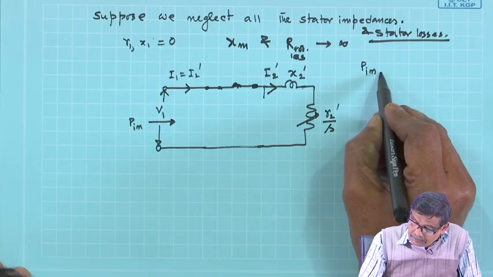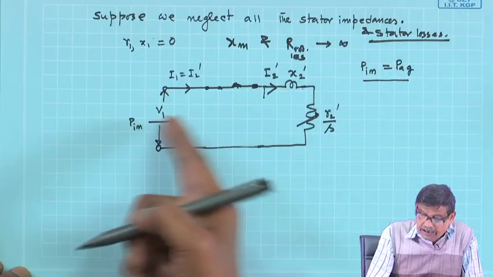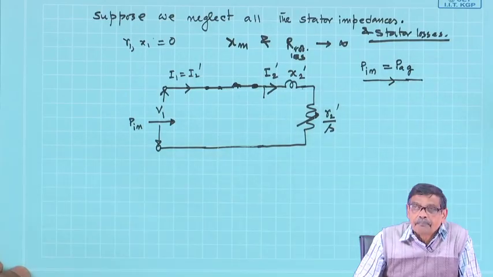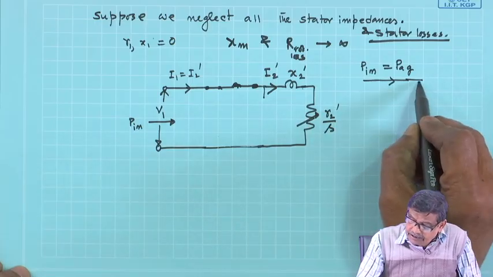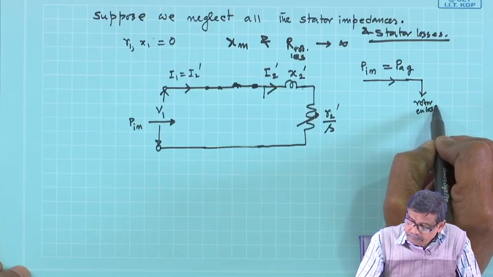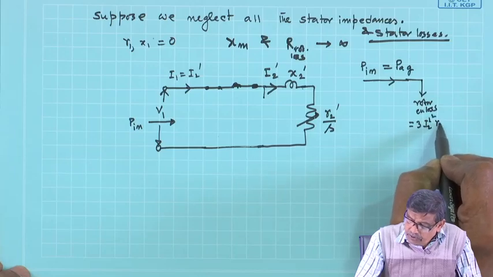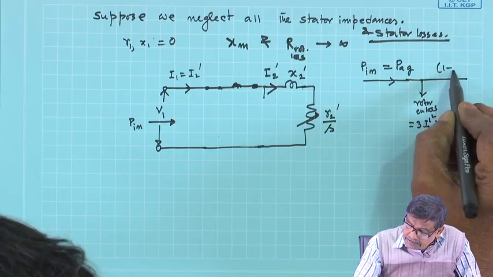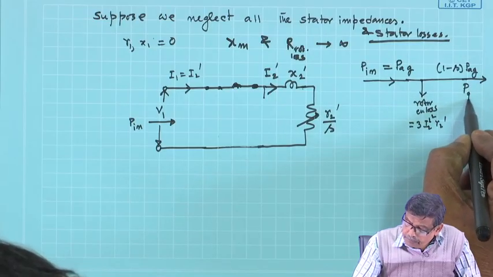This power must be equal to your air gap power in this particular case. That is what I am assuming. And from this we have to subtract the rotor copper loss. Its value is 3 I2 dash squared R2 dashed. This is the total rotor copper loss, and 1 minus S into PAG is the gross mechanical power, that is all.